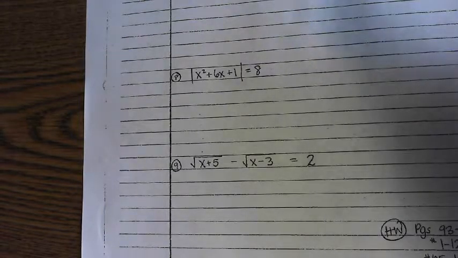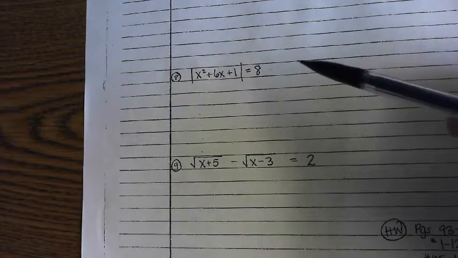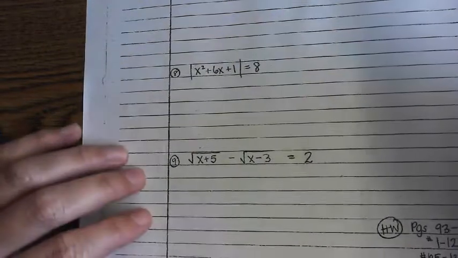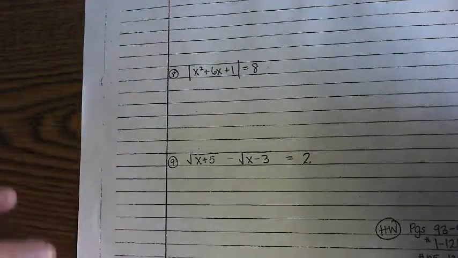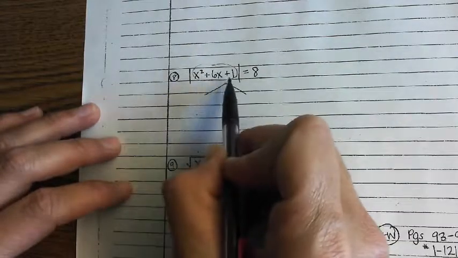So as far as isolating the absolute value, Nate, are you with me? That part's already done. So in that regard, it's easier than the one we saw on the front side. So we are immediately ready to branch. And this expression could equal 8 or it could equal negative 8.